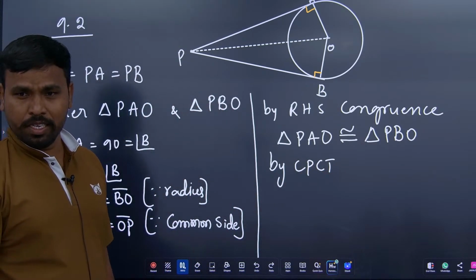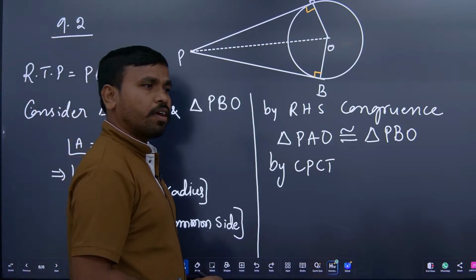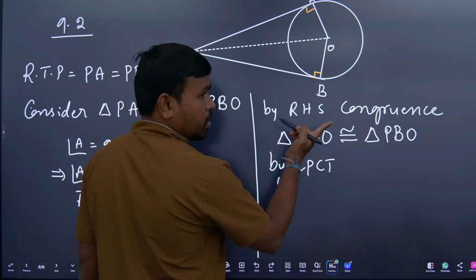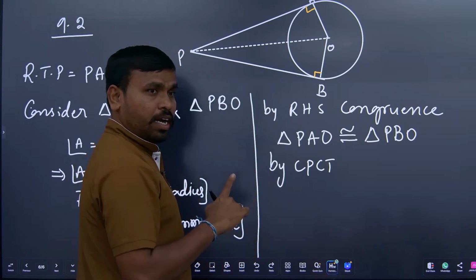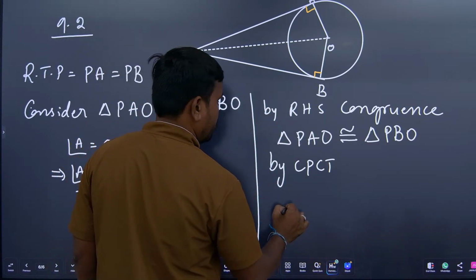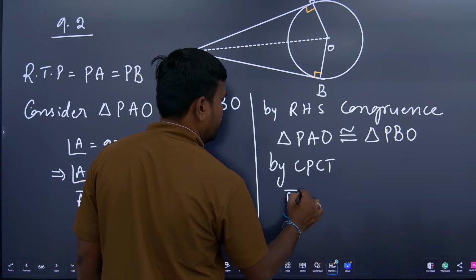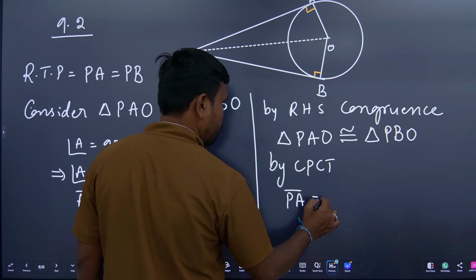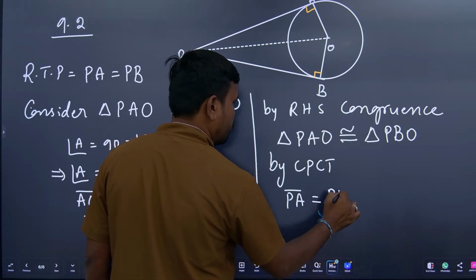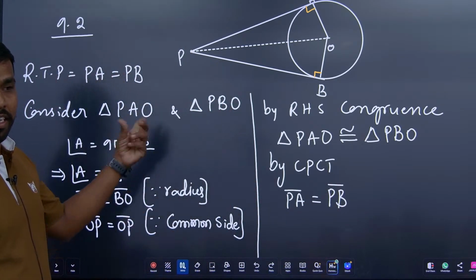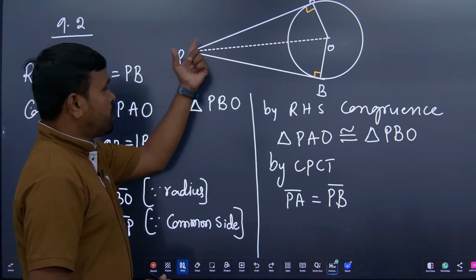By CPCT, corresponding parts of congruent triangles, all the corresponding sides and angles are equal. So PA is equal to PB. What are these PA and PB? Tangents.